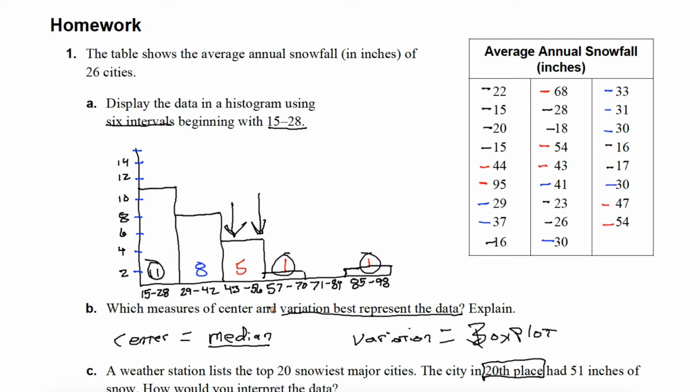So how would I interpret that data? I would say that this histogram does not represent the snowiest cities, or the cities with the most precipitation. So my answer for C would be most cities were not on the snowiest city list. Okay.